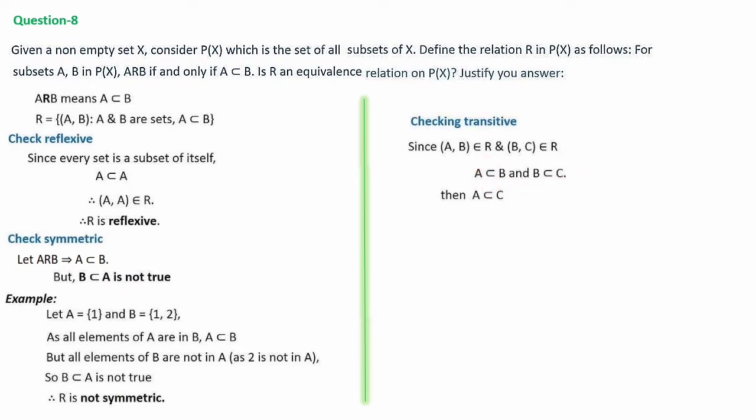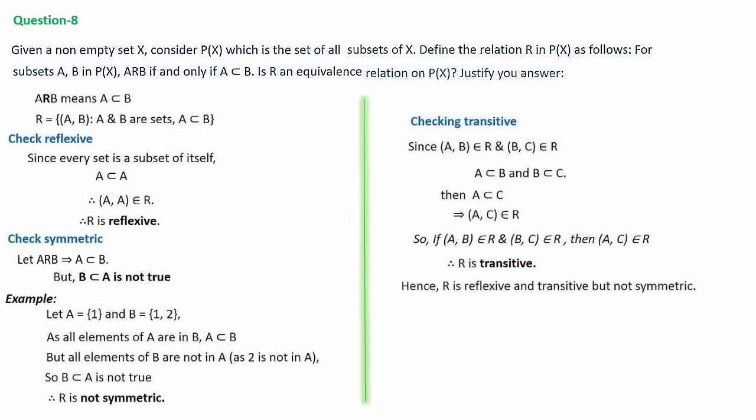If A is a subset of B and B is a subset of C, surely A will be a subset of C. So (A, C) is an element of R. We can write the statement: if (A, B) is an element of R and (B, C) is an element of R, then (A, C) is an element of R. Therefore R is transitive. So R is reflexive and transitive but not symmetric. That is the conclusion we have to write.